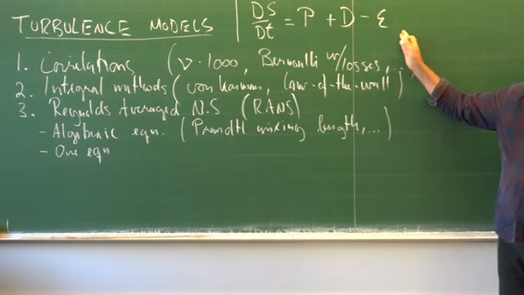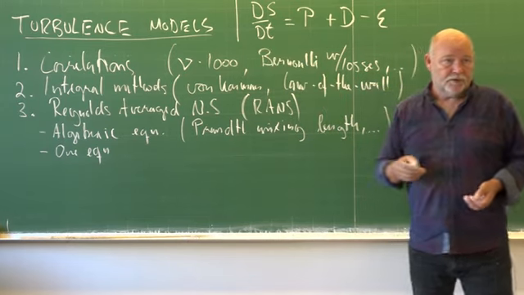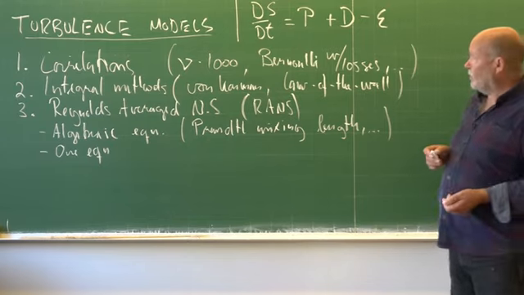This is a transport equation. And yes, it's nonlinear inside these derivatives. So a transport equation may be expensive. The Navier-Stokes is a transport equation. Actually, we have 3 of them, 1 for each velocity component, you might say.